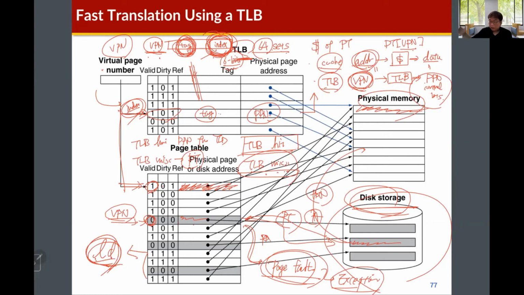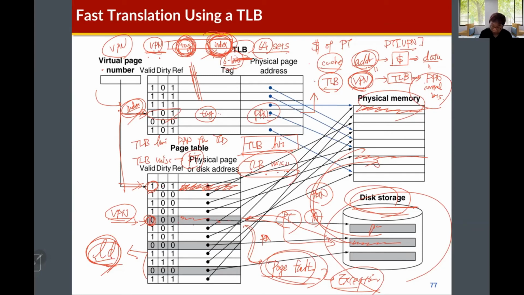So when the page fault is encountered, the handler is executed. The handler reads the page from the storage, and then this page is transferred to the main memory, and then the page table is updated.